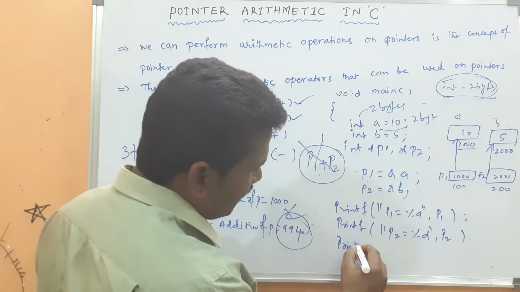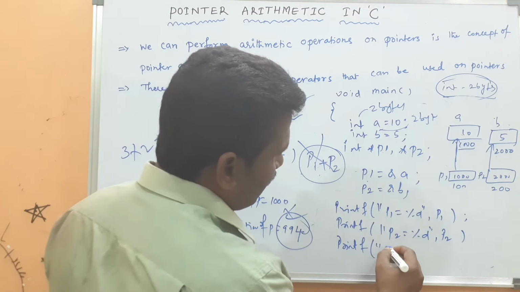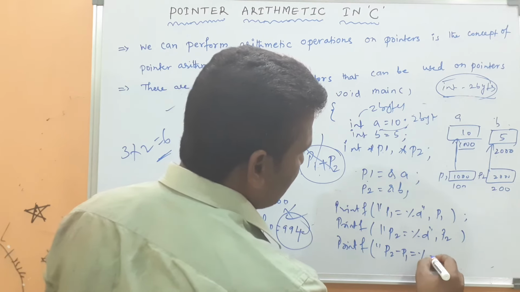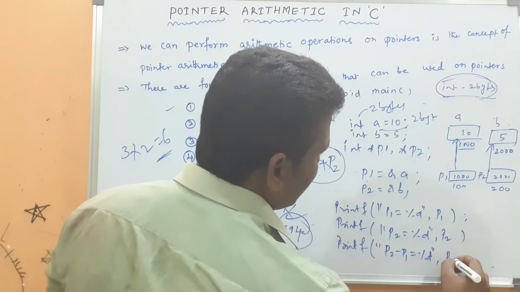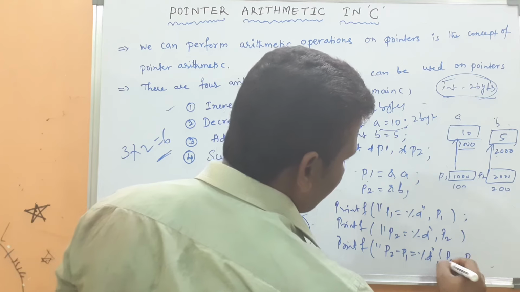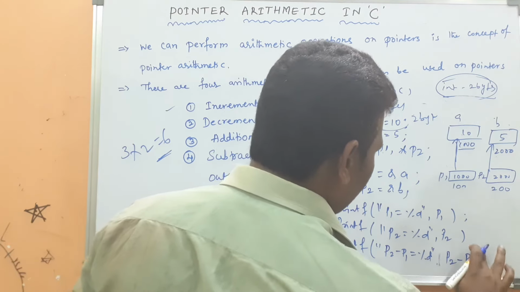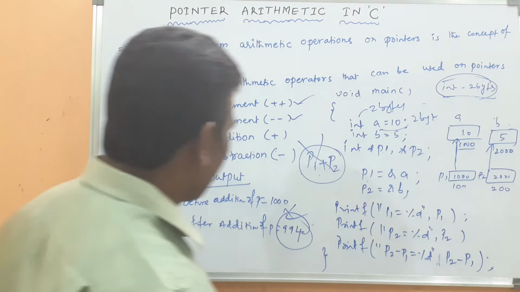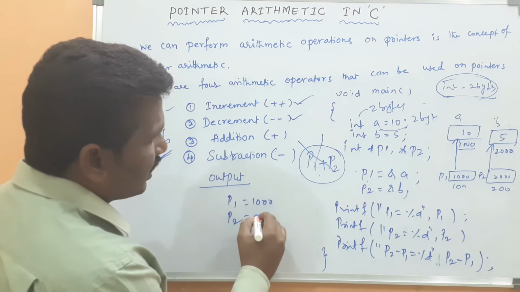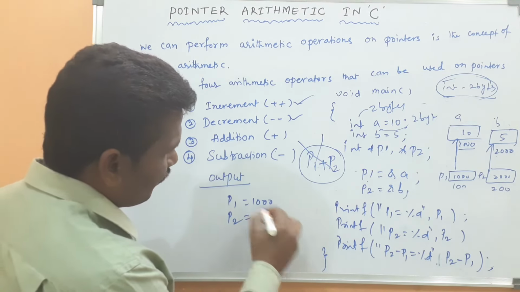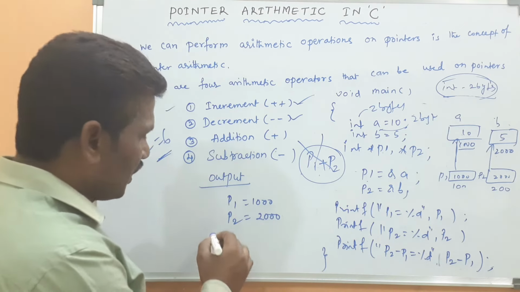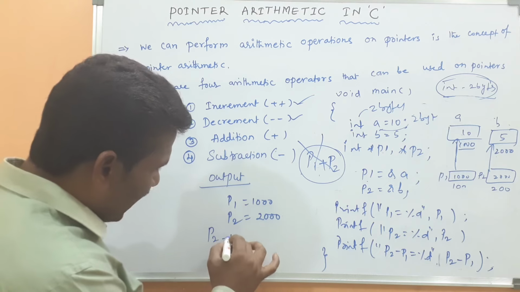Then printf, listen carefully, "p2 minus p1 equal percentage d", then p2 minus p1. Then close. Then p2 equal to 2000. Then p2 minus p1.